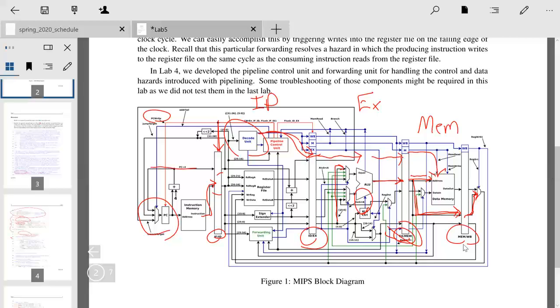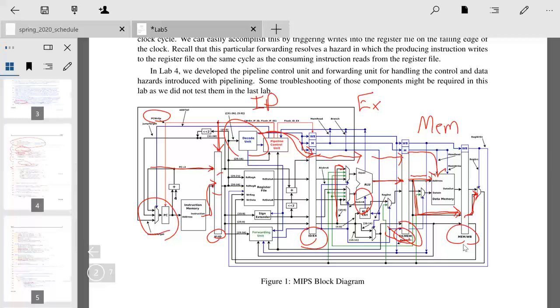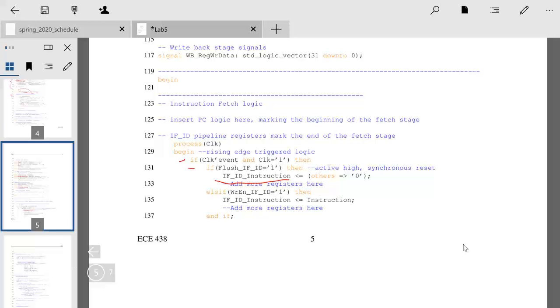Other signals that you need to have in this register is the PC plus 4. So you'll have to add that here on line 133. Now what's interesting is you don't actually have to flush the PC plus 4.